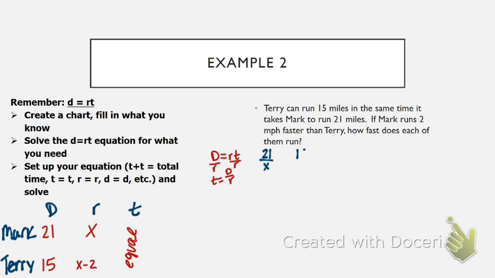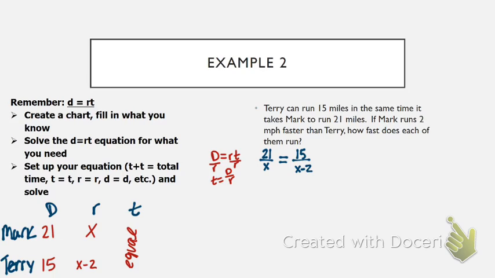Terry runs 15 miles at X minus 2 speed. If the times are equal, then we can set these equal to each other, because time equals distance divided by rate, if they ran the same amount of time.